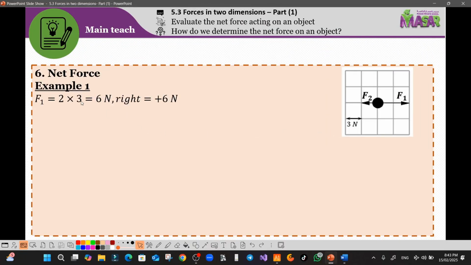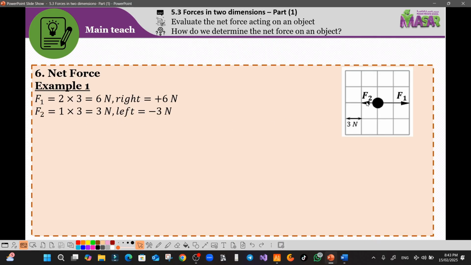For F1, we have 2 grids, 1, 2. We will multiply it by 3, and we will get 6 Newton to the right, because the direction is to the right. However, I would like to express my answer with the plus notation, because plus stands for right. So 6 Newton to the right.